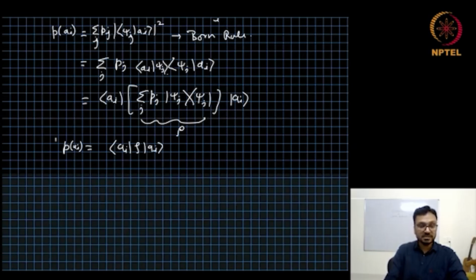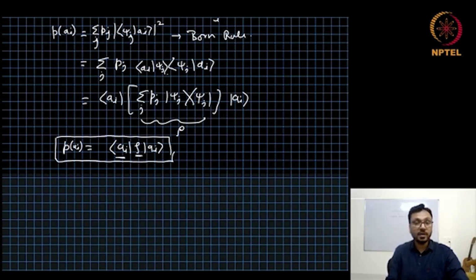This expression is interesting, and I personally find it very interesting, that here the role of the state and the quantity related to the observable have changed. Till now, we were saying that the expectation value of some observable is the observable A sandwiched between the states psi. Here we are saying rho is sandwiched between the eigenvectors a_i. So we have flipped the role of observable and states.